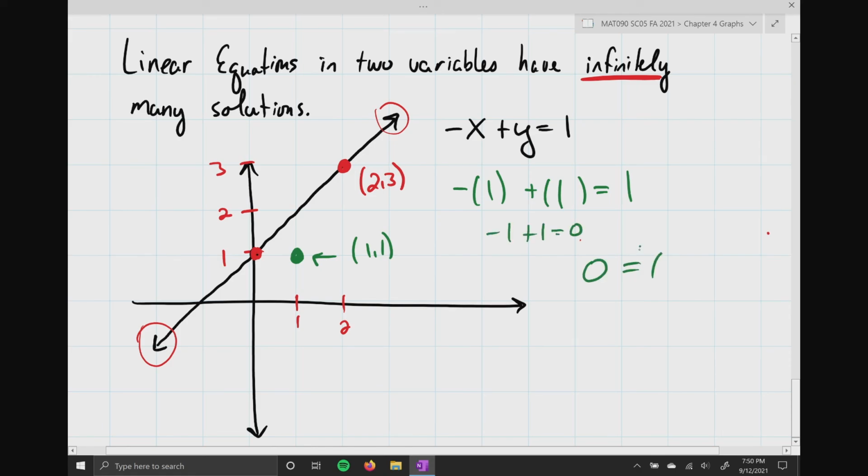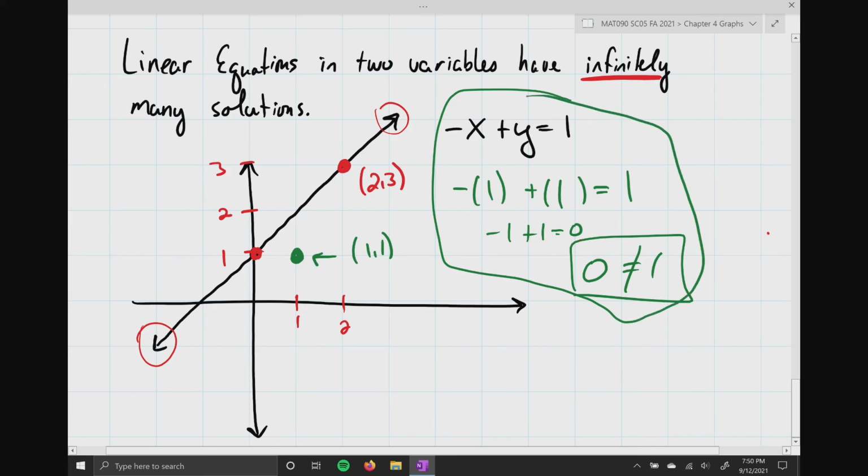Now, 0 does not equal 1. And that's exactly what we would expect because this point, (1, 1), is not on the line. Therefore, it's not a solution. So not only visually can we see that it's not a solution, but now algebraically, we also verified that it's not a solution either.